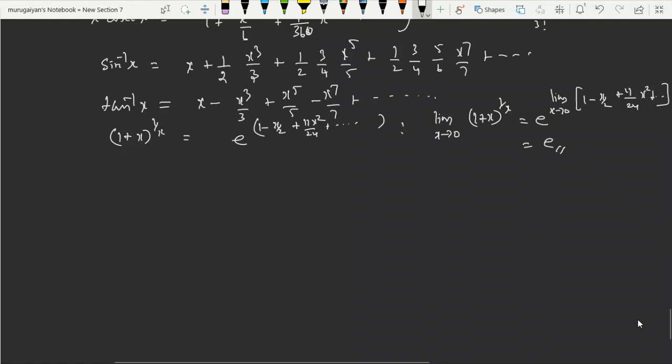The same result: limit x approaches 0. The previous result, we can interchange x and 1 by x. So x and 1 by x means instead of 0, this is infinity.